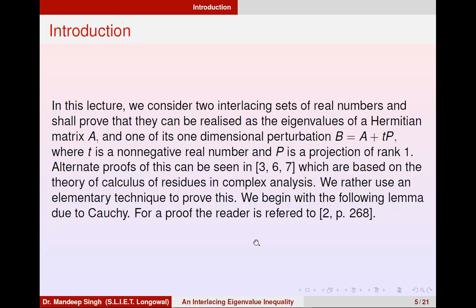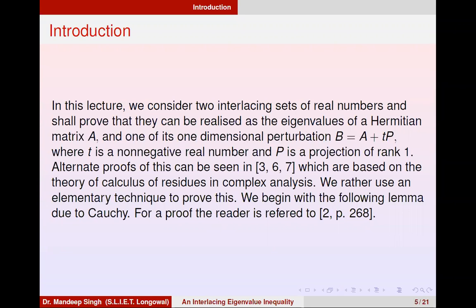In this lecture, we shall consider two interlacing sets of real numbers, and realize them as the eigenvalues of the Hermitian matrix A and of a one-dimensional perturbation of A. Perturbation means adding a scalar times a one-dimensional projection, where P squared equals P. What happens to the eigenvalues?